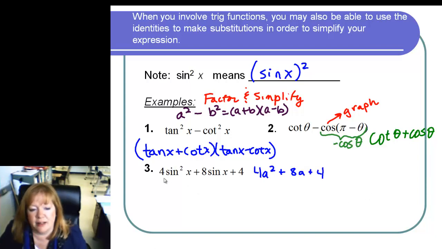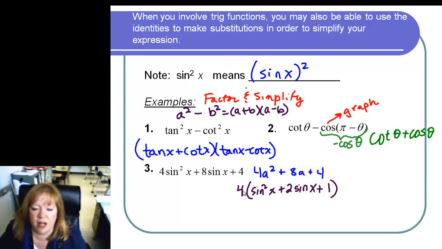Now, number 3, 4 sine squared x plus 8 sine x plus 4. This one should look familiar. It's in this kind of format. If sine x was an a, it would look just like this. And if you know how to factor this, you know how to factor this long one. Is it going to look ugly? Yes, it is.